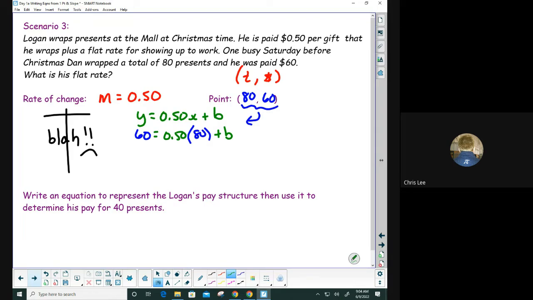What's 0.5 times 80? 40, which makes sense because 0.5 is half. So it's saying half of 80 is 40. Okay. What does my algebra tell me to do? Subtract the 40. He's getting $40 for the presents, but he got paid 60. That means there must have been a flat rate of 20.